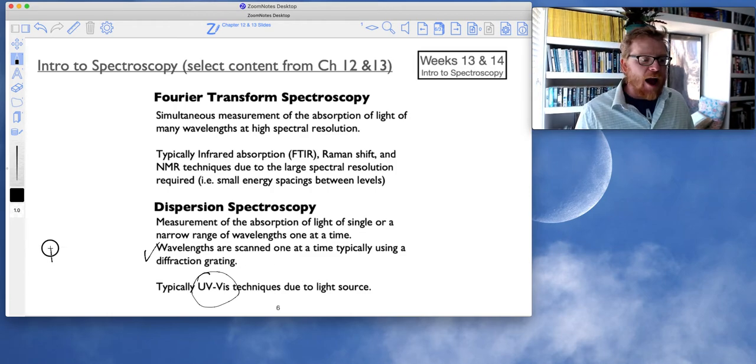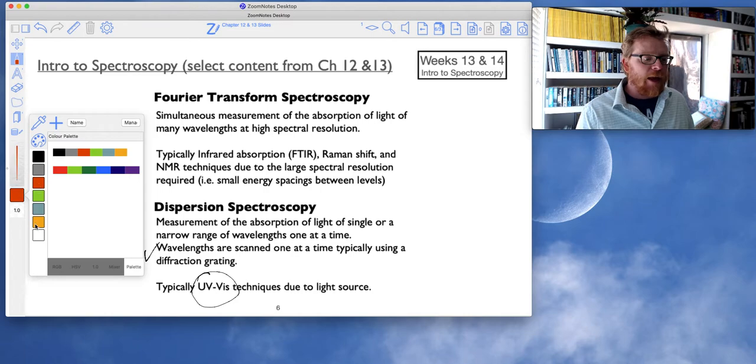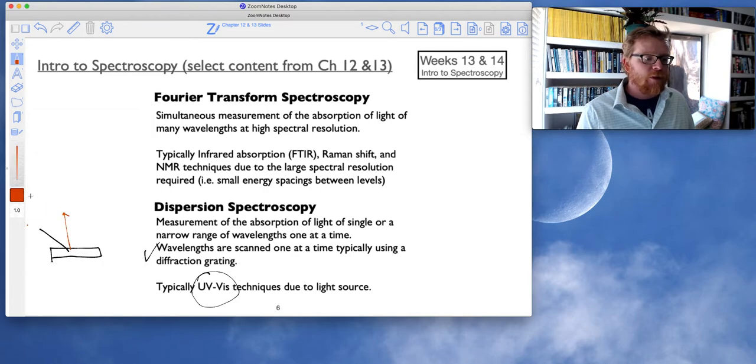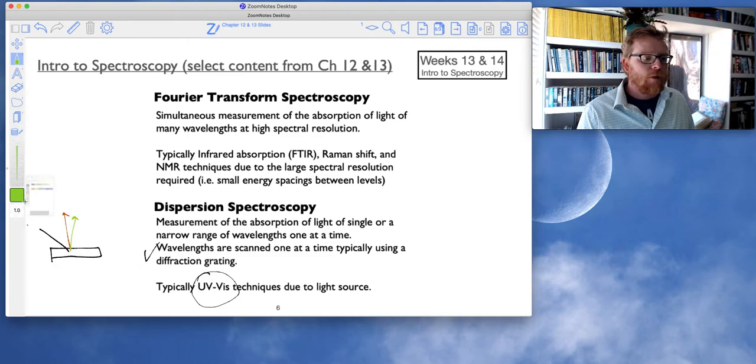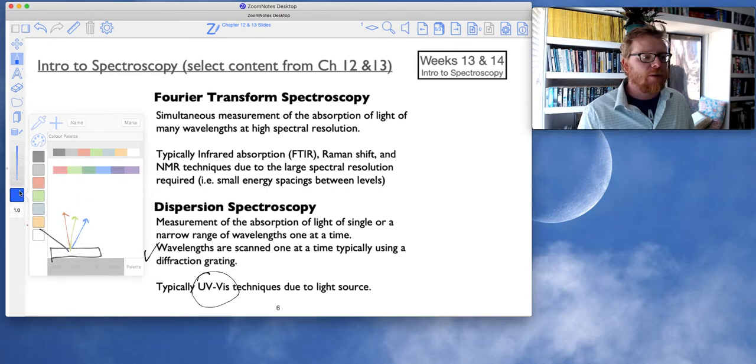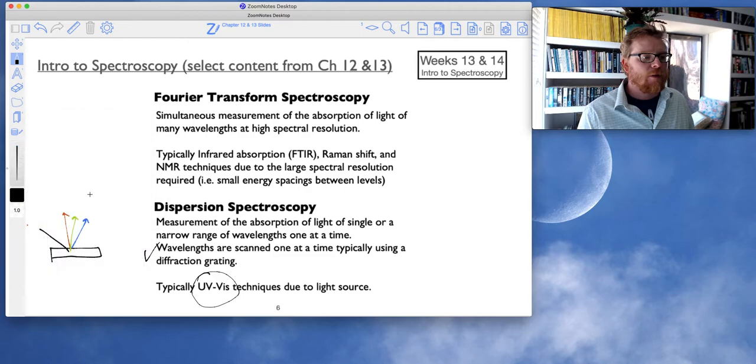So we would have our diffraction grating right here. We would have our incident light coming in, and let's draw a couple of different colors right here. And we would have our sample perhaps somewhere right here.